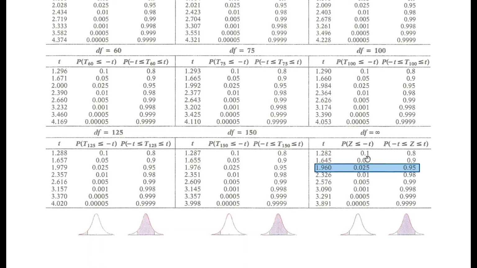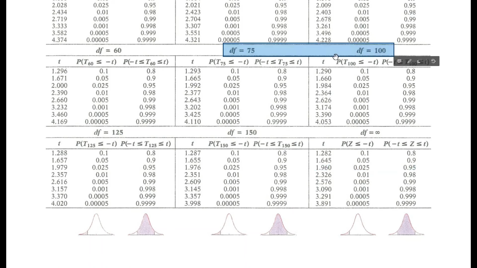But what of the case when you have, for example, 80 degrees of freedom or 90 degrees of freedom? 90 is closer to this table than to this table, right? But in order to get a conservative estimate, you always round downwards.